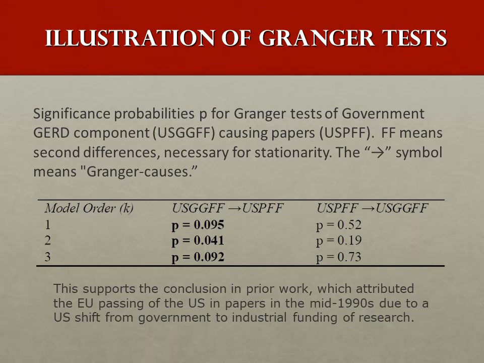And the boldface type there indicates that the significance parameter P is less than the threshold value of 0.1, which is what we used here, for a model of two terms, k equal 2, from the input x variable. It's actually less than 0.05, which is a stricter test of statistical significance.